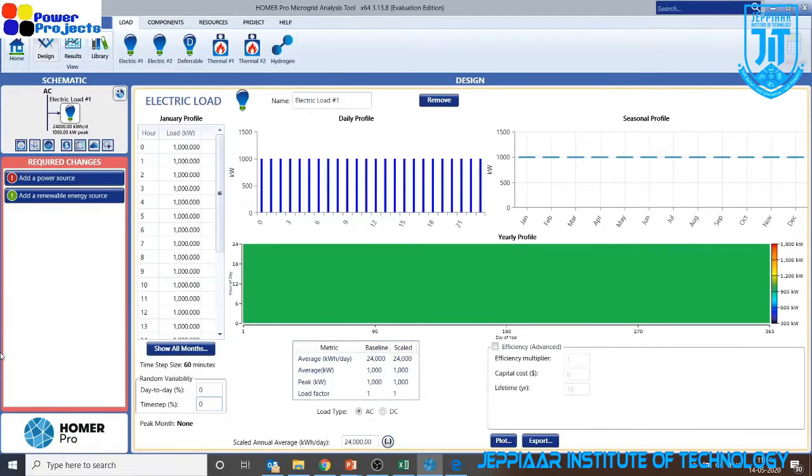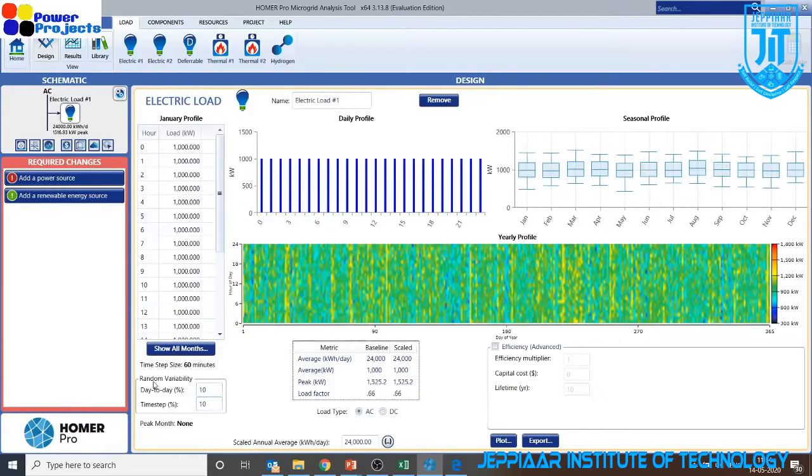But if you have day-to-day variations or time step variations in the loads, then your peak demand increases. So you need to put up all the equipment for meeting a peak demand, which is 1525, and the minimum demand will come down below 1000, so that the average is maintained as 1000. That means your load factor is only 0.66, that is 66%. Okay, so this load I have modeled.